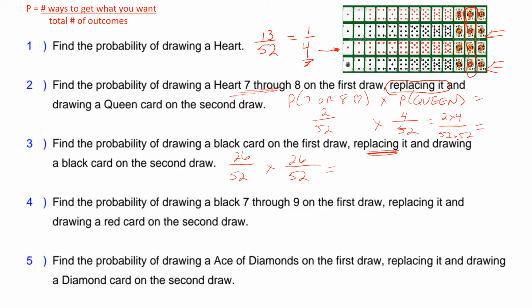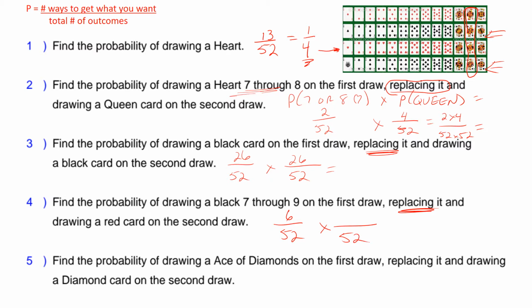Number 4, find the probability of drawing a black 7 through 9 on the first draw, replacing it, and then a red card on the second draw. A black 7 through 9, right? Well, a 7 through 9, there's the 7, 8, and 9 of spades, and the 7, 8, and 9 of clubs. So there's 6 ways to get what I want, and there's the 52 cards in the deck. Times, again, I'm putting that card back after I draw it, so in the second draw, I'll have 52 to choose from, and I want a red card.